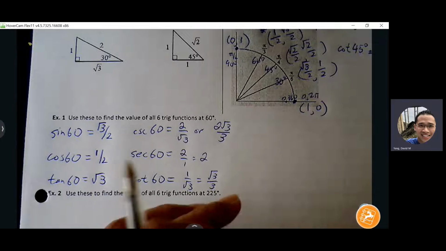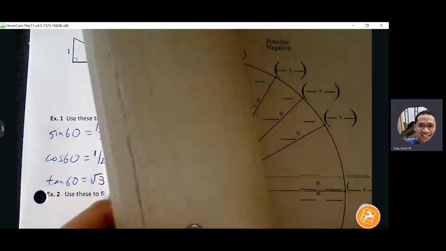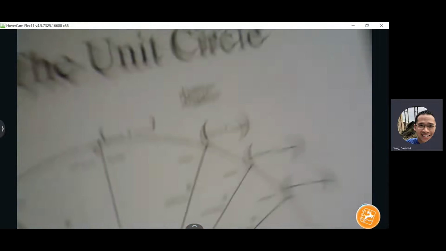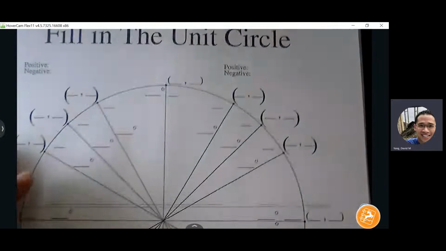Okay. Let's look at the full unit circle. I want to do a quick review over the full unit circle. So let's go to page 6A.